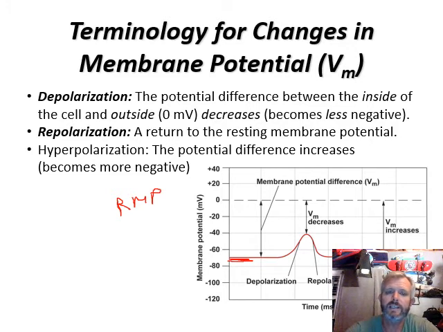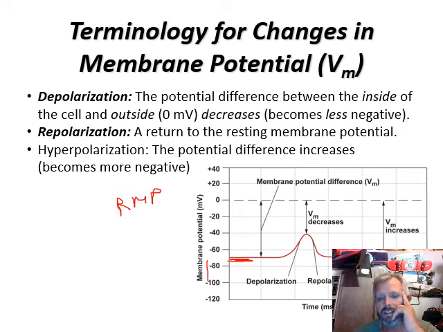What we're going to see is this can change. If I change permeability of ions, I can change the membrane potential. I can move it from this -70 depending on what permeability I change for the ions.